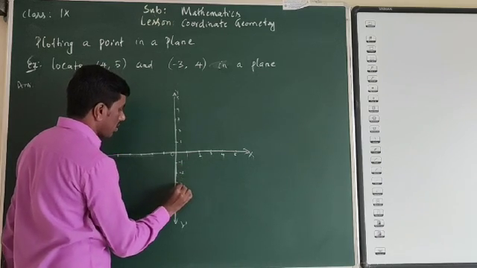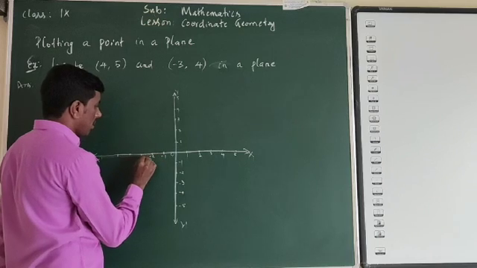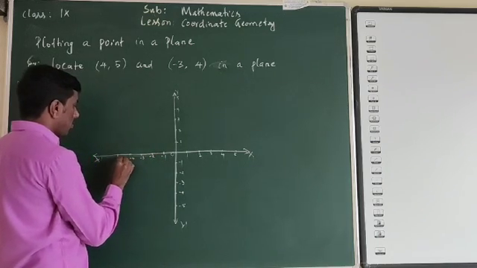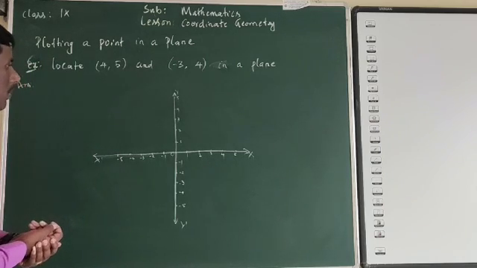So minus 1, minus 2, minus 3, minus 4, minus 5 along the negative directions. Okay. So I have drawn the Cartesian plane.